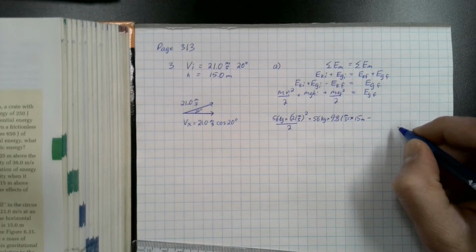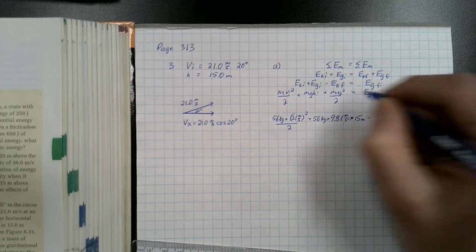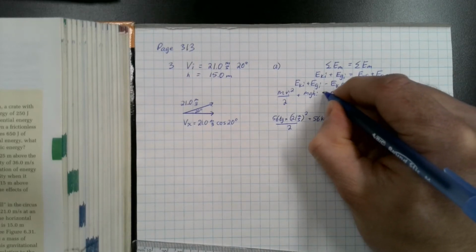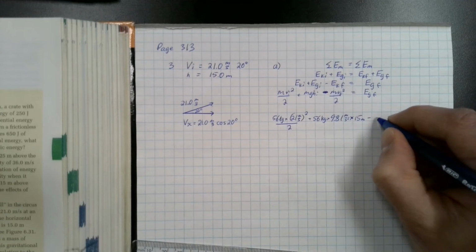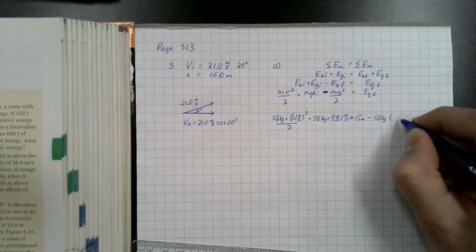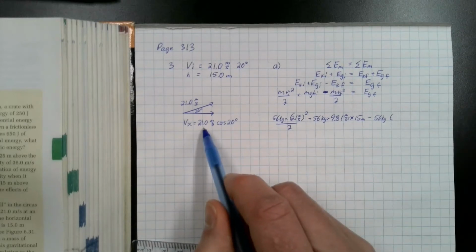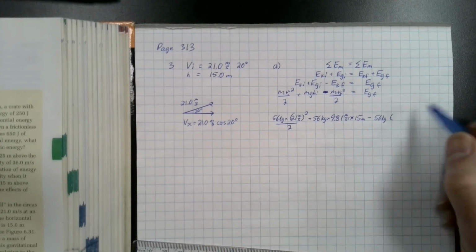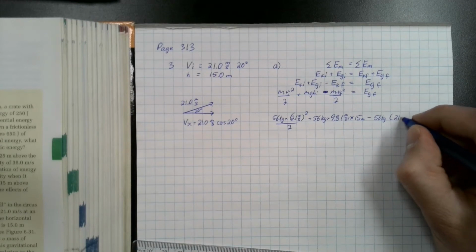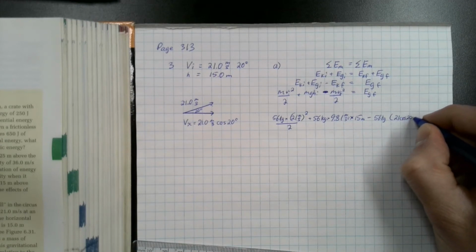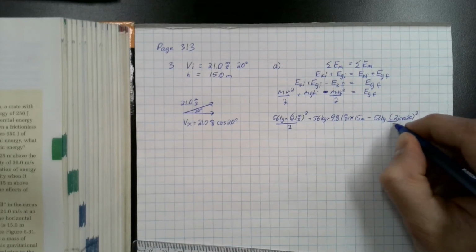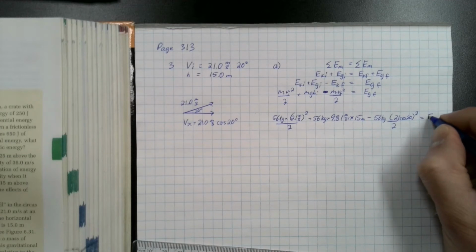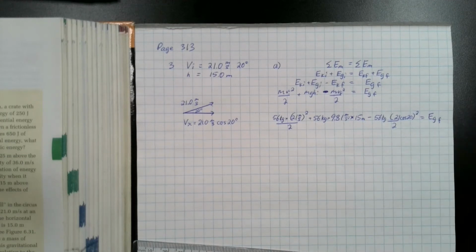We have to subtract our kinetic energy. Sorry, there should be a subtraction up here, which is going to be our mass, 56 kilograms, times our velocity, and we need to use that x velocity, the 21 cos 20, which we need to square and divide by 2 equals our gravitational energy at the end.